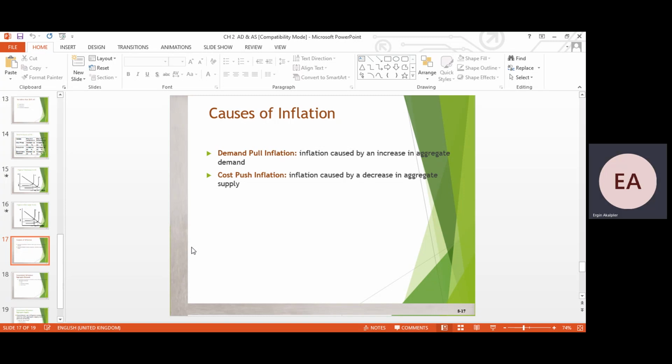The cause of cost push inflation, also known as wage push inflation, occurs when overall prices increase due to increases in the cost of wages and raw materials. Higher energy prices raise the cost of production and can decrease the aggregate supply because of this higher cost of production.